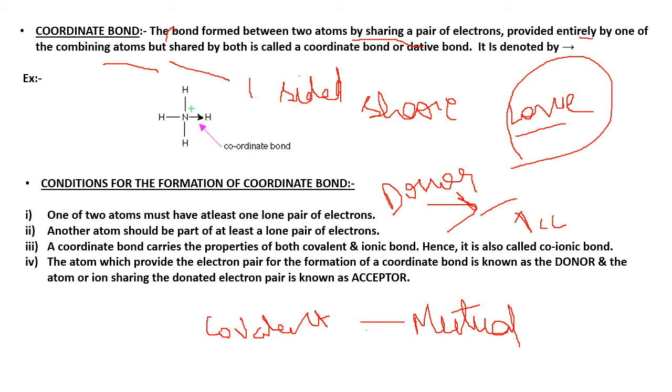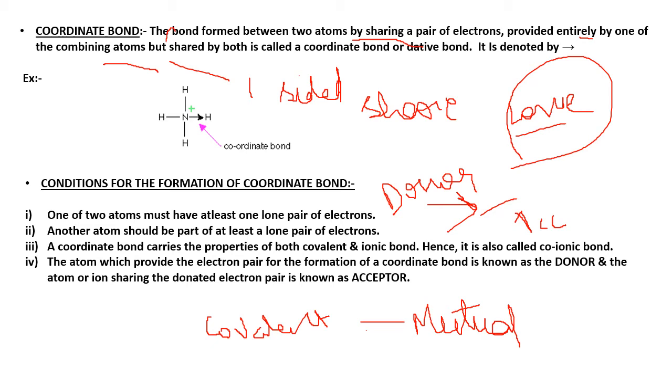Minimum 2 electrons can be shared by this, because it is a pair of electrons. In a lone pair there will be 2 electrons, so at least one lone pair of electrons can be shared.